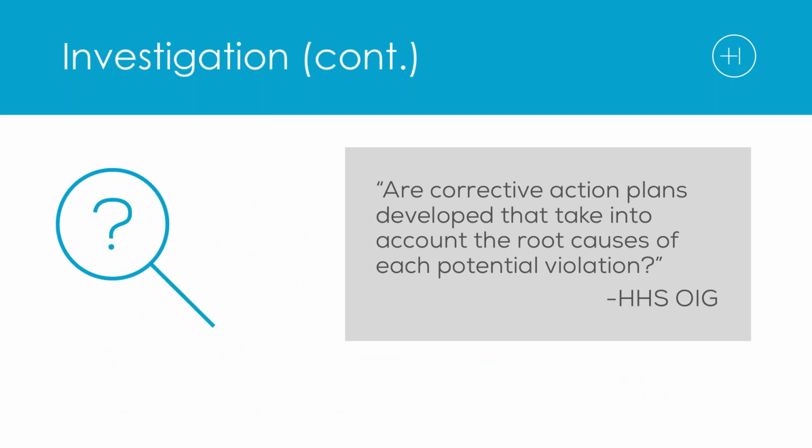So the other thing to think about, and this is again the segue into corrective action, are corrective action plans developed that take into account the root causes of each potential violation. So as we move into this third portion of the presentation with corrective action, when you're doing that, are you looking at the root cause? Corrective action should not be a let's save the world type attitude and correct everything under the sun.